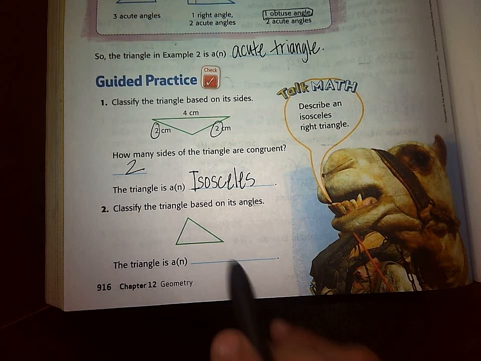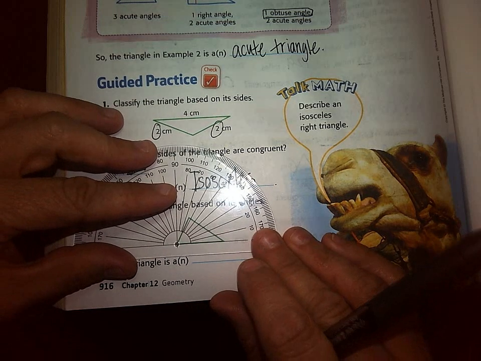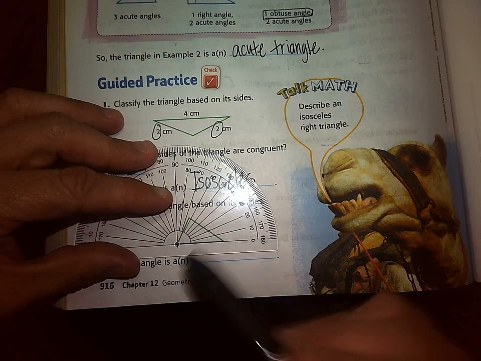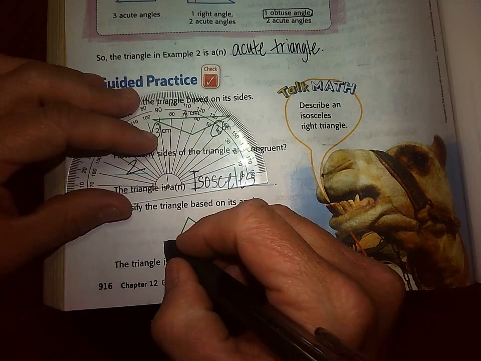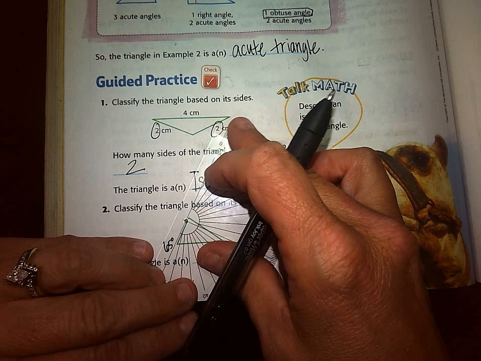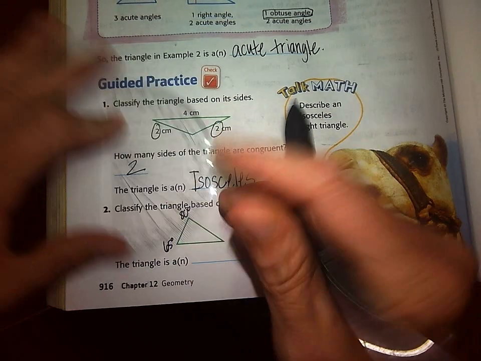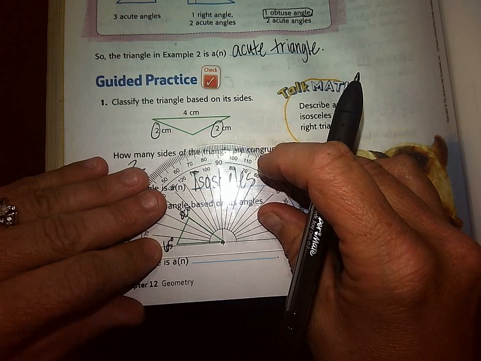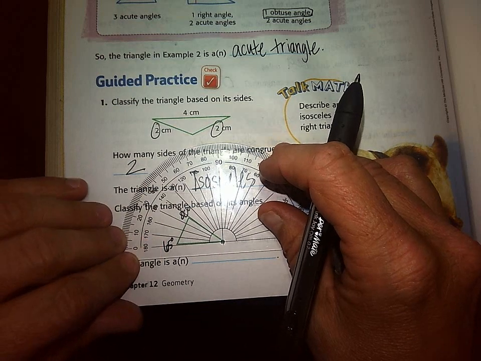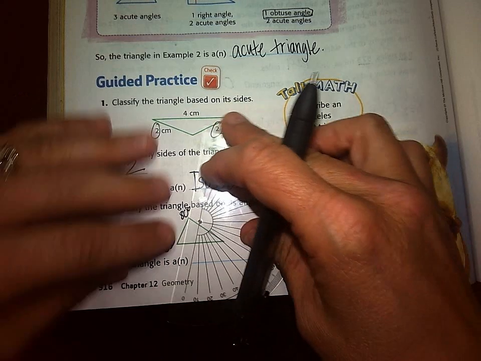And then if we classify this based on its angles, we have to measure the angles. I will measure them for you, if you don't have a protractor. 65 degrees, 80 degrees, and oops, wrong way, Mrs. Bodell went the wrong way.